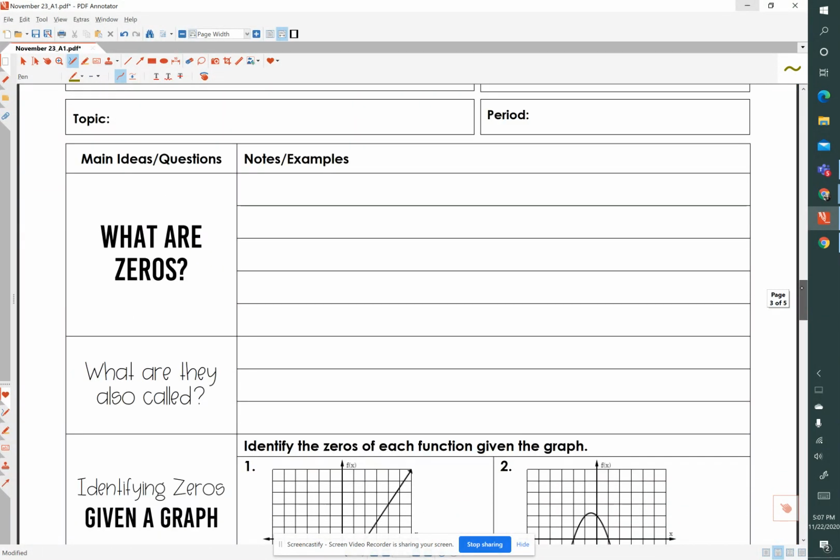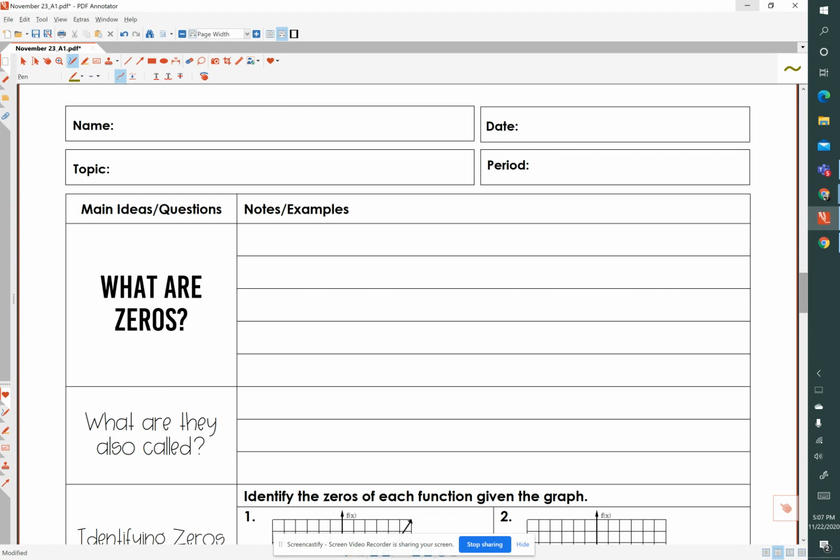And so let's talk today about zeros of a function. Let's clean up my handwriting a little bit and find a brighter color. So, zeros of a function.